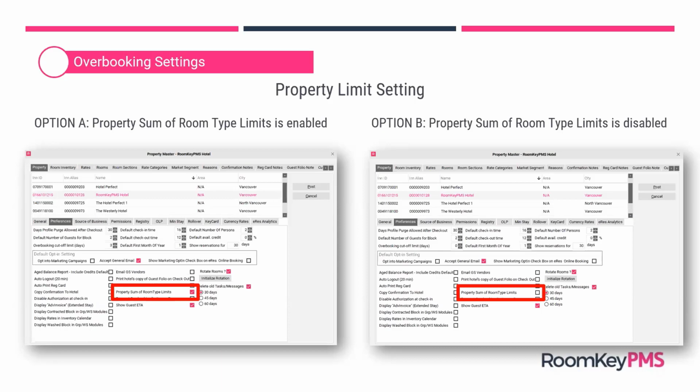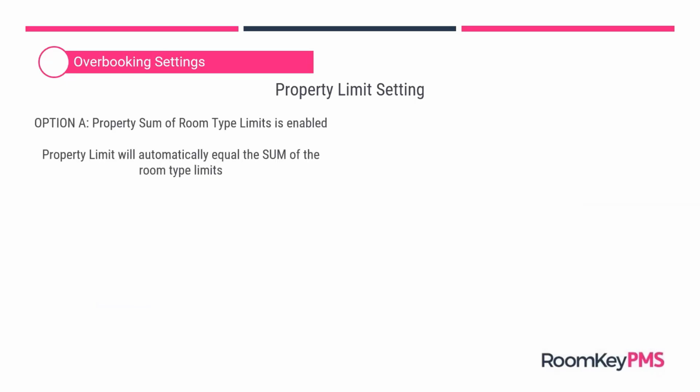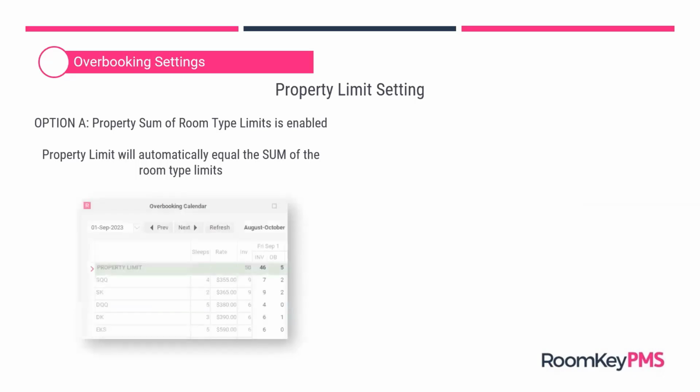Now, what this means for your property when you're managing your overbooking limits, when it comes to option A, where the property limit is enabled, this means that the property limit will automatically equal the sum of the room type limits. So when you're looking at your overbooking calendar in this case, this overbooking calculation, what you'll see here is that the property limit in this example is 5.